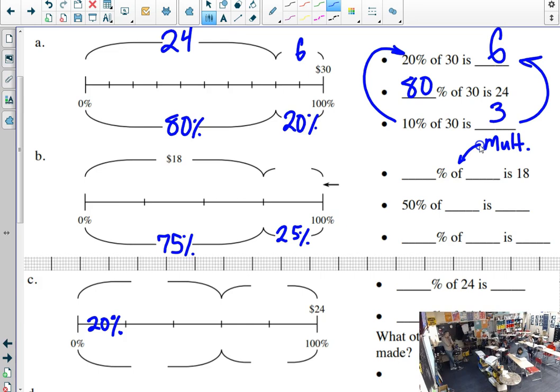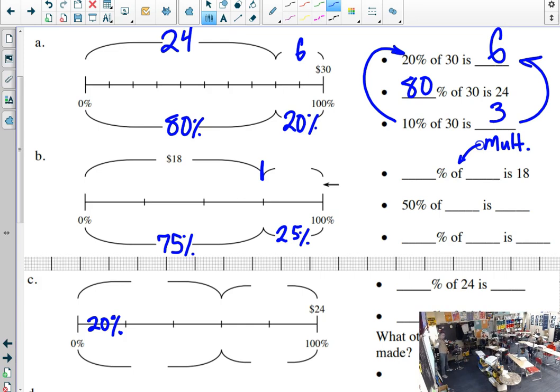Sorry, next. No? I think it is. So, Aubrey, in B, what does the 18 relate to? Okay, I know where you're going, but you're ahead of me. The 18 stops right here, right? What percent does that relate to?